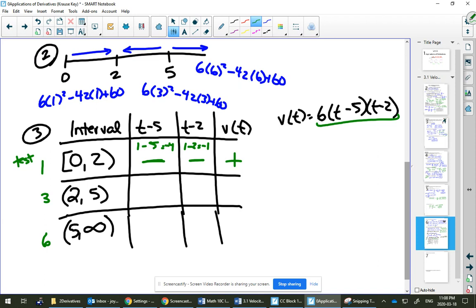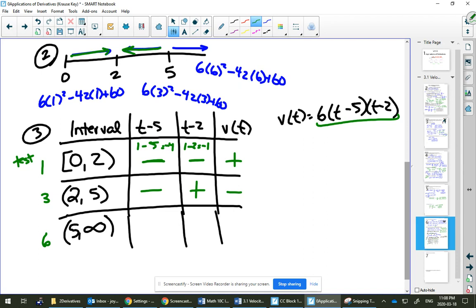And if you notice back up here, that's going in a positive direction from 0 to 2. For 3, t minus 5, 3 minus 5, is negative. 3 minus 2 is positive. And a negative times a positive is negative. So the particle is moving in a negative direction.